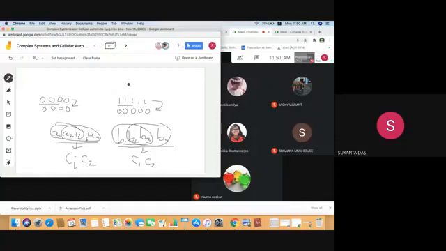Is the idea clear? Let me repeat it again. Recall that in the surjectivity test, which we covered last day, we tried to find predecessors of configurations. If I find no predecessor for a configuration, we say it's not surjective.